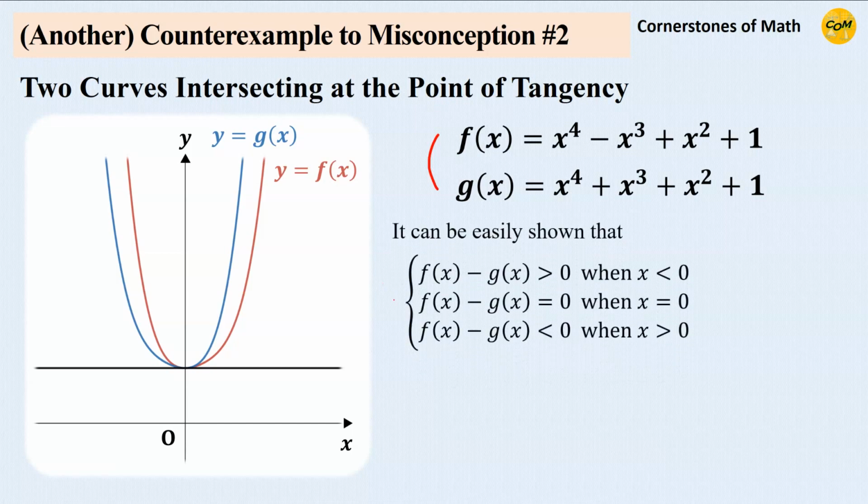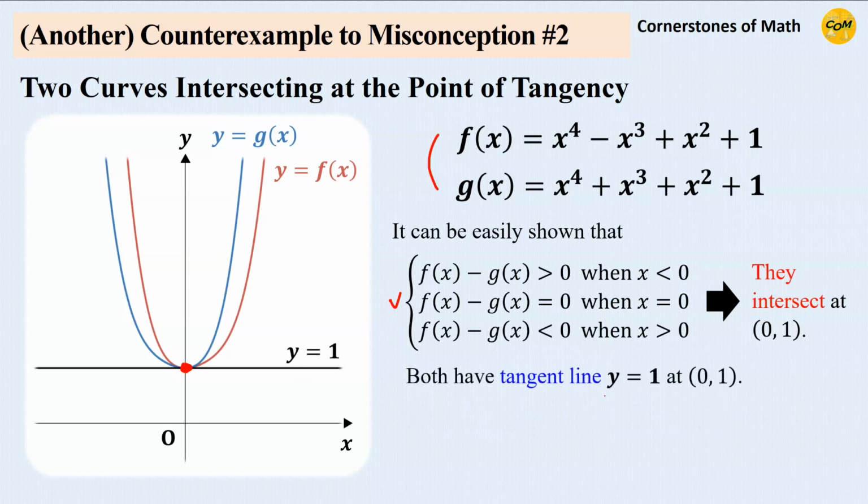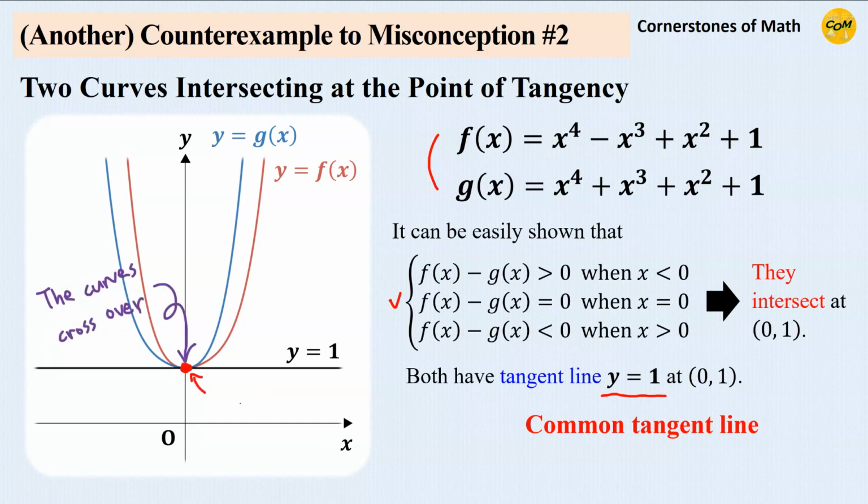Here you can easily show these relations, which basically means that two curves intersect at point (0, 1). Also, by simple calculus, you can show that both f(x) and g(x) have y = 1 as the tangent line at the intersection point. This is of course the common tangent line. So despite having a common tangent line at the point (0, 1), two curves actually cross over each other at this point.